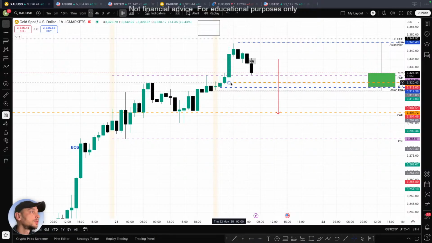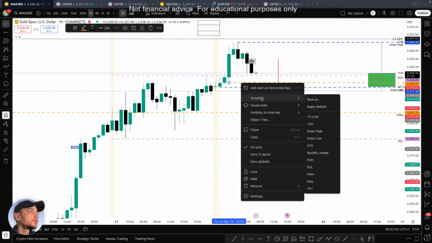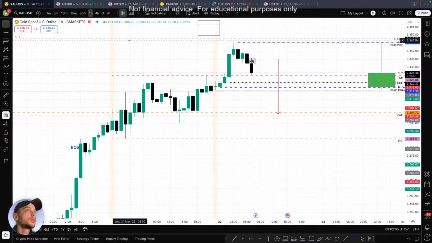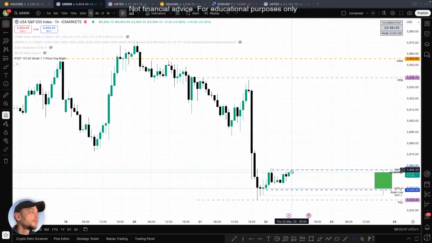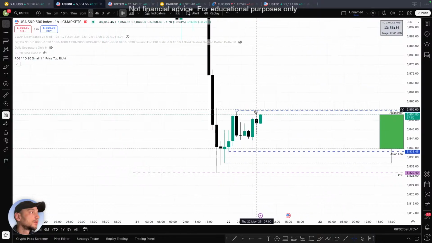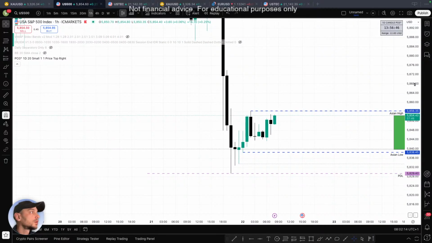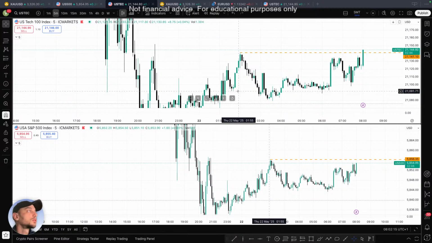I like the Asian lows and those lows here as well. Good liquidity. On Nasdaq, we go for the Asian highs, it seems. Oh, okay. We grab those highs.